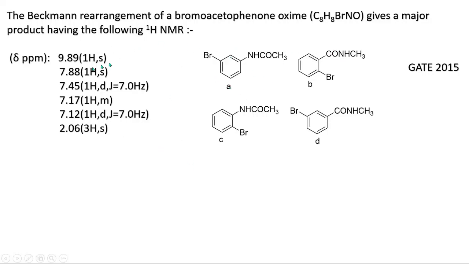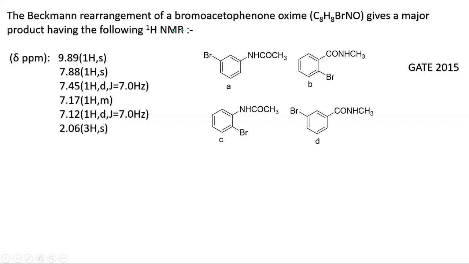Now if you see these 6 values, 4 are aromatic protons and 2 are non-aromatic. If you see the multiplicity, the 4 aromatic ones are singlet, doublet, multiplet, doublet, and these 2 doublets are coupling partners. We have 2 doublets, 1 singlet and a multiplet.